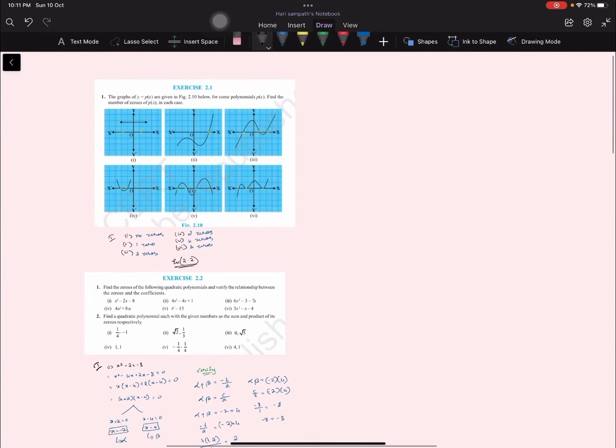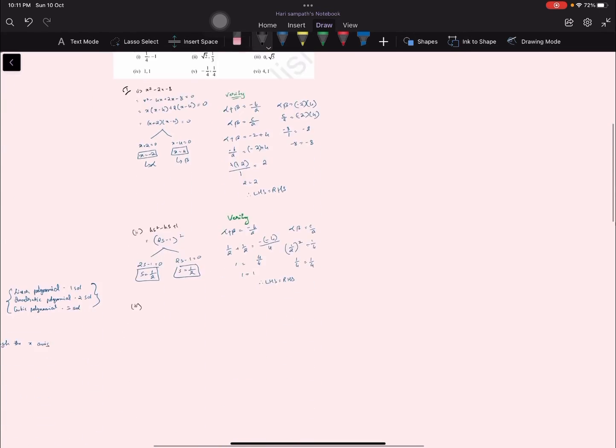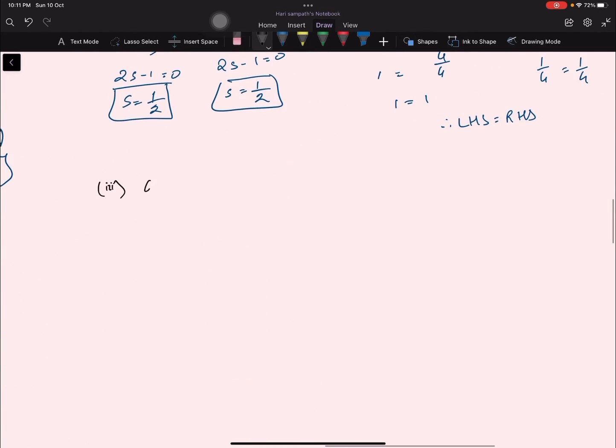What is it? 6x square minus 7x minus 3. As you can see, in the question it was 6x square minus 3 minus 7x. I just moved this here and this over here so that it will be easier for us. So what is 6 into 3? That is 18. So 18 factors can be 9 and 2. That is what we are going to be using. 6x square minus 9x plus 2x minus 3.